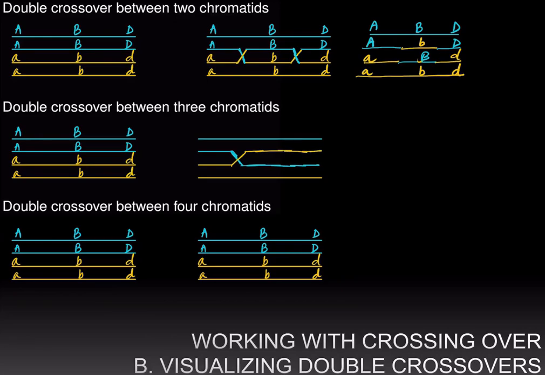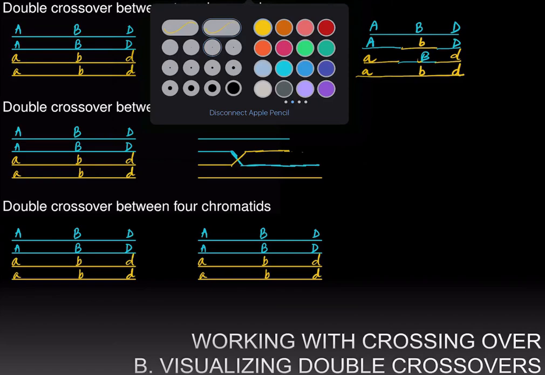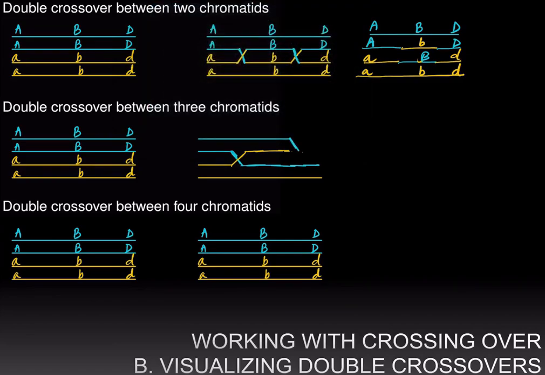However, the yellow segment of the first non-sister chromatid has an additional crossover event with the chromatid on the top. And so then you get something of this sort.